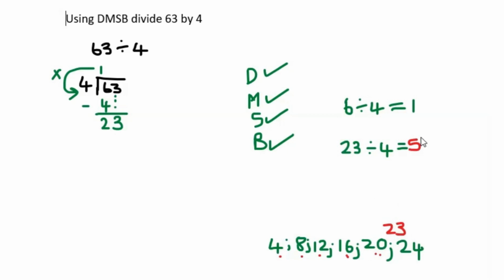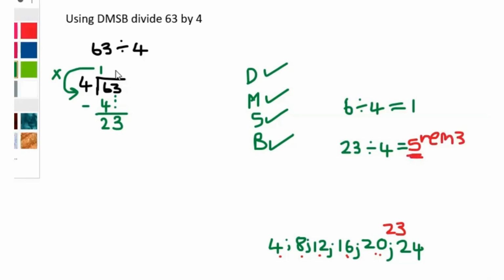And what is 23 minus 20? It is 3. So it goes there 5 times, remainder 3. But the only thing we are interested in is the coefficient 5. We put the 5 there as our coefficient.